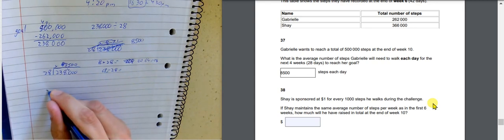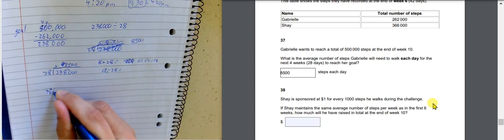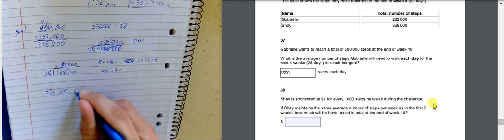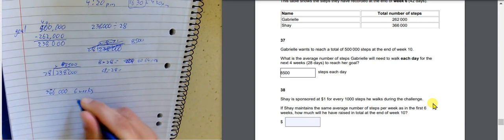Next, Shay is sponsored $1 for every 1,000 steps he walks during the challenge. If Shay maintains the same average number of steps per week as in the first week, how much will he have done by the end of week 10? Well, he's done 366,000. That's 6 weeks worth, and we want to do 10 weeks worth.